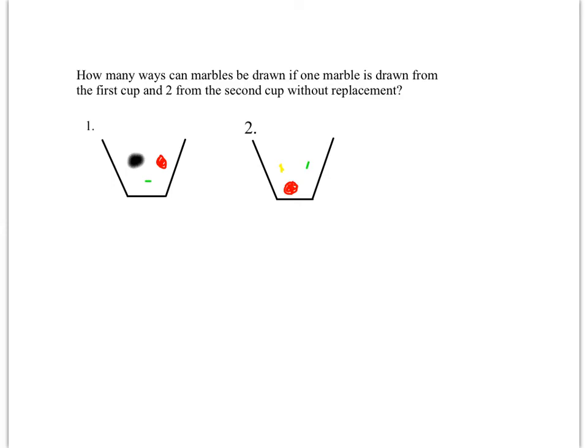So let me get my marker on here. I'm going to multiply the number of outcomes in the first event times the number of possible outcomes in the second event times the number of possible outcomes in the third event. My first bucket has three marbles in it, so I can choose up to three different marbles.